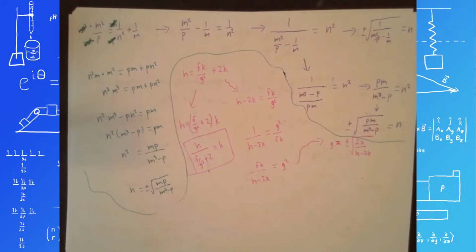And there we go. I guess I could try to divide the top and bottom by k. I don't think that would help much. We'd eliminate k from the top, and in the bottom this would just become h over k minus 2. I don't know if that helps at all, but it is an option that you should consider in case you were doing this as part of some sort of multiple choice question and you got this far and none of the answer choices looked like this.